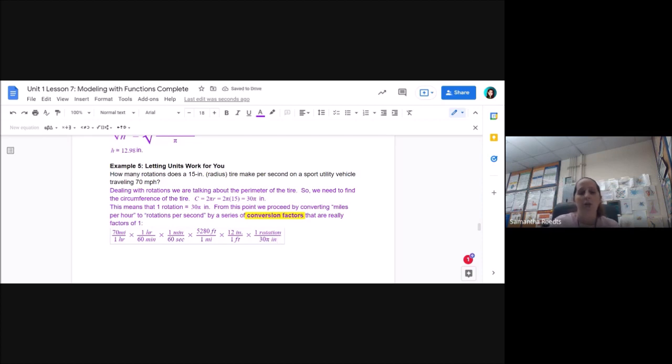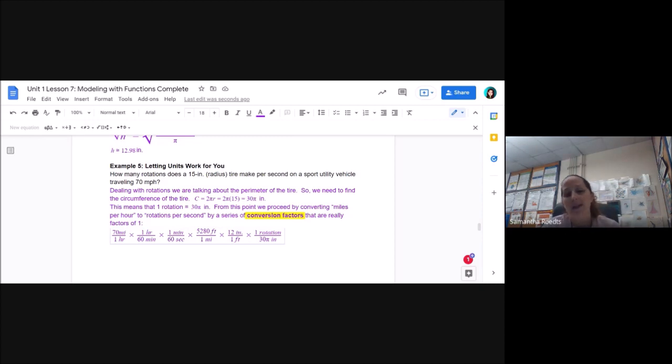So basically I'm getting to that point where I'm going from miles per hour to rotations per second. And I know that my rotation's in inches, so 1 rotation is 30 pi inches. I'm still dealing with the circumference.